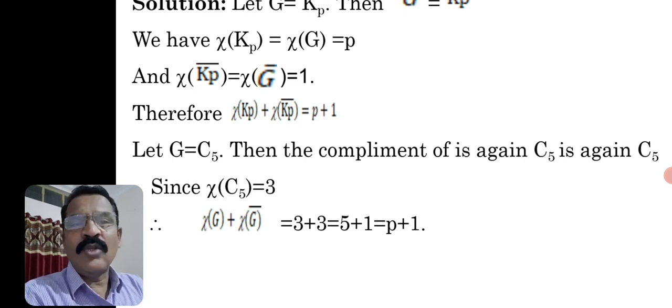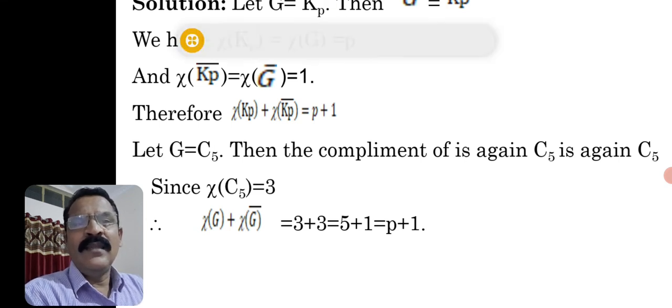And what is the chromatic number of a cycle with odd length? In one of the previous sessions, we discussed the chromatic number of a cycle with even length and odd length. Whenever it is a cycle with even length, the chromatic number is 2. Whenever it is a cycle with odd length, the chromatic number is 3.